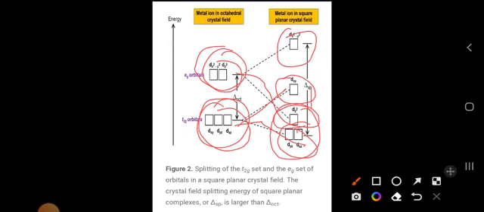The difference between these is the crystal field splitting energy. This is larger compared to this one. Why? Because we can easily separate the ligands in this molecule. So this is about crystal field splitting in octahedral, tetrahedral and square planar complexes. Now let us see Jahn-Teller distortion.